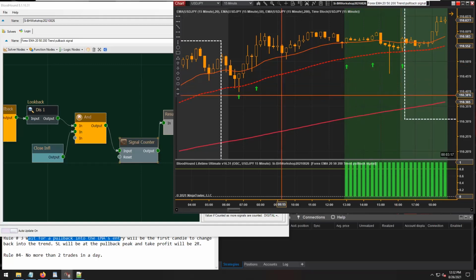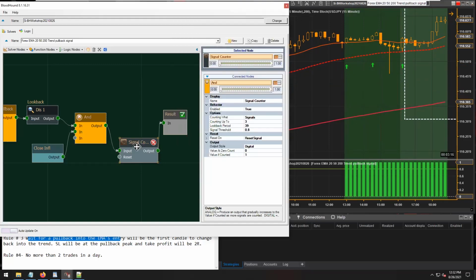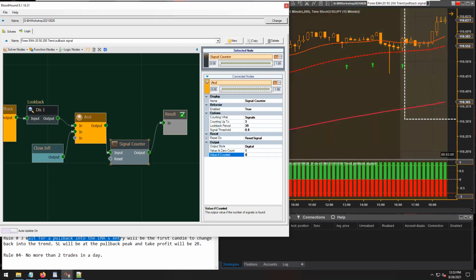Or actually, we can use the value at 0, I think. Let's see here.